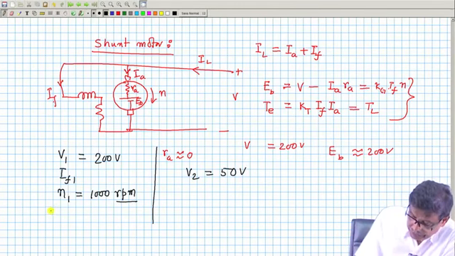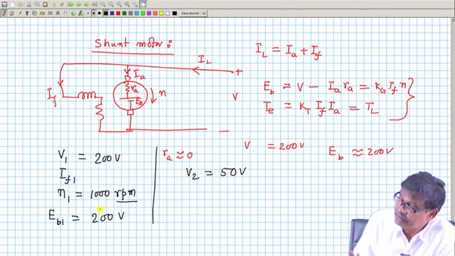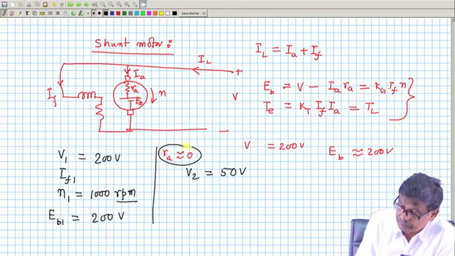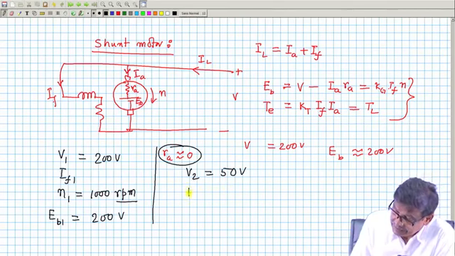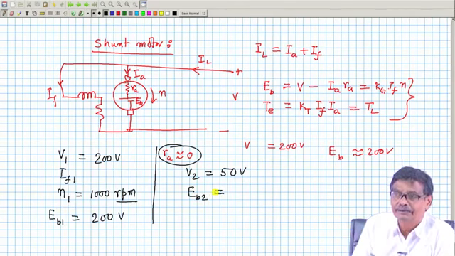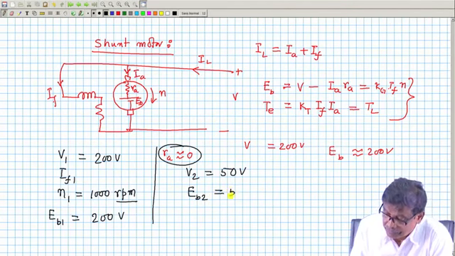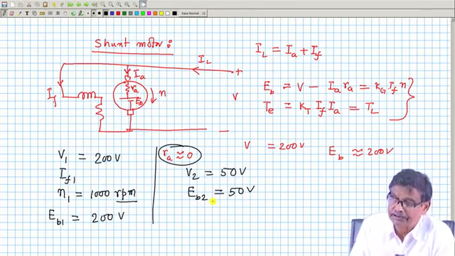In this case, EB1 is equal to 200 volt only, because the IRA drop is neglected. In the second case, what is EB2? EB2 will be how much? Once again 50 volt. I have reduced the voltage by this amount.